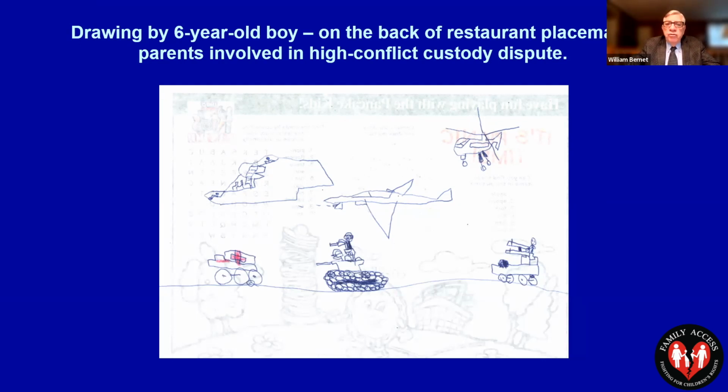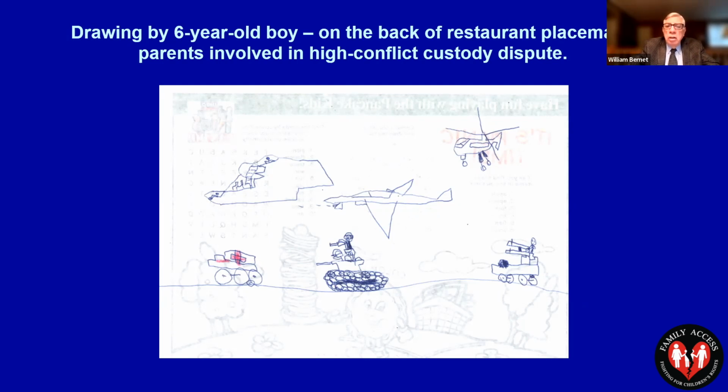And he actually inserted himself in this battle, that he put himself in this airplane in the center. And so, which is on the side of one of the parents. It really doesn't matter whether it was the mom or the dad's side. I mean, the point is simply that the child is caught in the middle. And in this particular moment, he is on one of the sides of one of the parents.